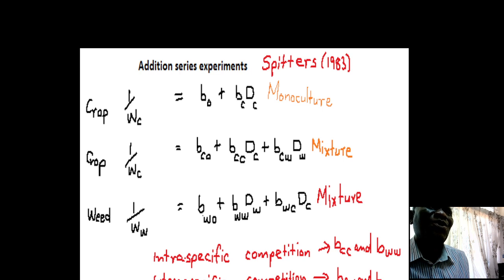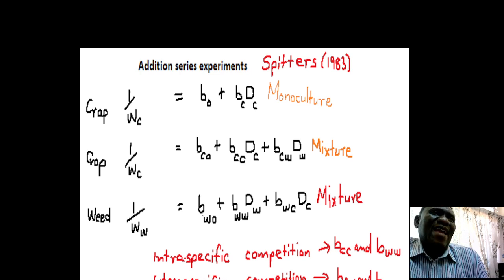That is where you don't have the weeds. Now, if you have got weeds, the equation changes. For the crop, you now have the reciprocal 1 over WC, weight of the crop, equals BCO plus BCC DC plus BCW DW.